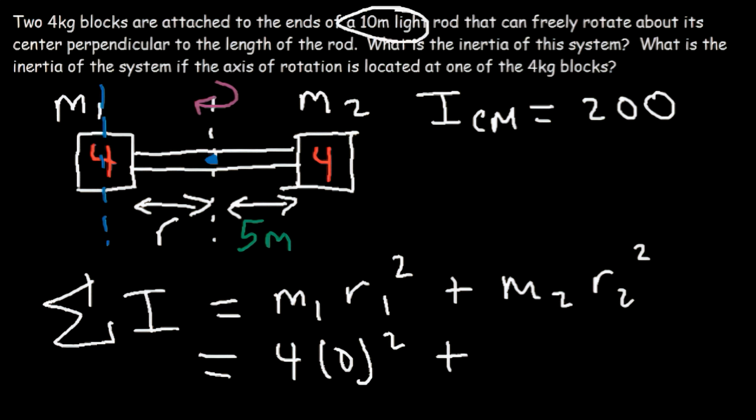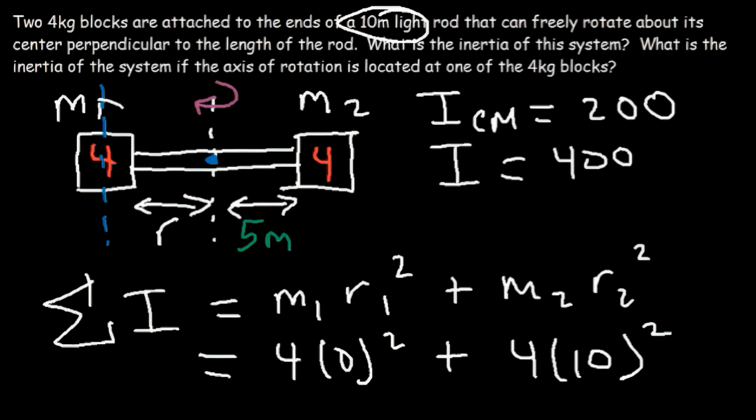The length of the rod is 10 meters, so this distance here is 10. So it's 4 times 10 squared. 10 times 10 is 100, times 4 is 400. So the new inertia is now 400 at this position.